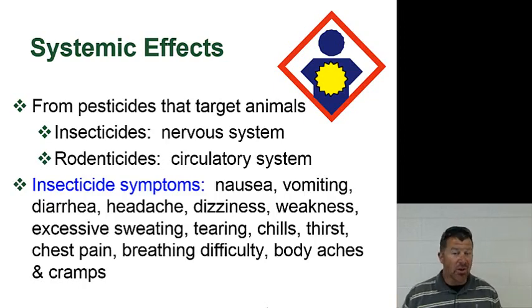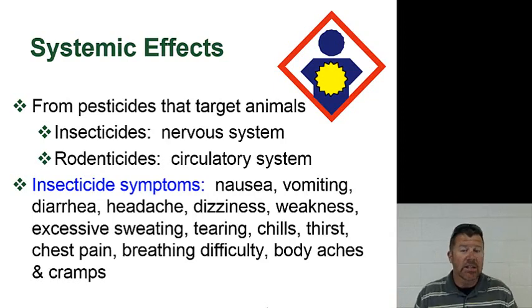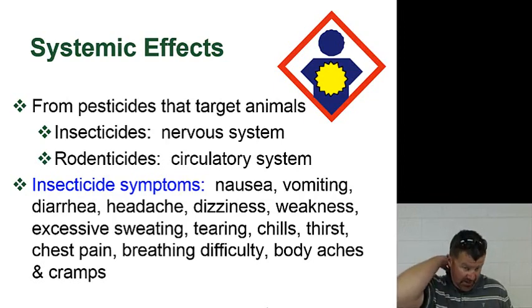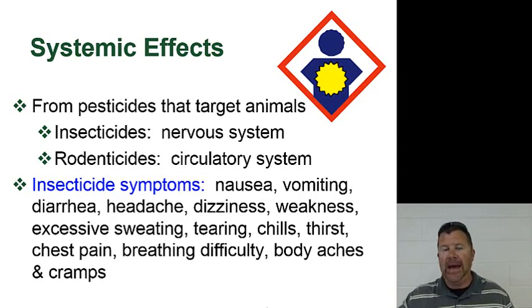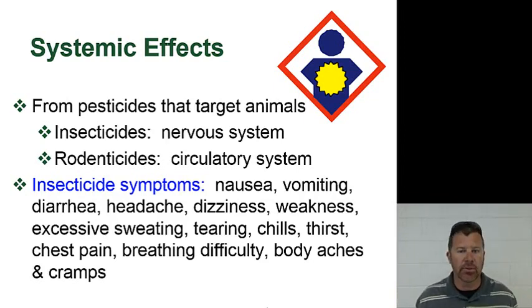Insecticide symptoms can include nausea, vomiting, diarrhea, headache, dizziness, weakness, excessive sweating, tearing, chills, thirst, chest pain, breathing difficulty, body aches, and cramps. A lot of these symptoms are very similar to other medical emergencies, but typically in our industry, if we see somebody passed out beside a truck and there's chemicals on the back of the truck, we can assume, hey, he's put out this pesticide.